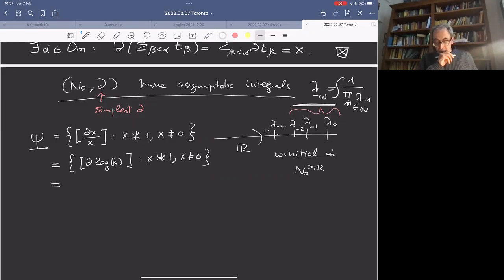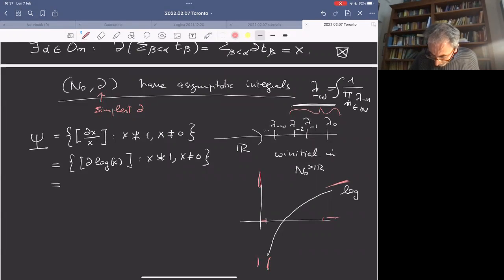Now, you are considering the logarithm of elements x which are not in the Archimedean class of 1, namely which are either infinitesimal or infinite. So you are considering the logarithms of the infinitesimal elements and the infinite elements. And the logarithms are necessarily infinite.